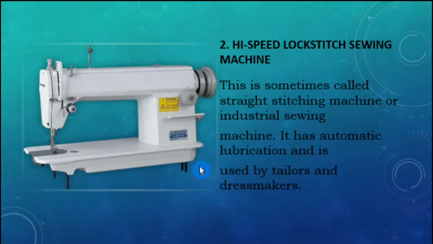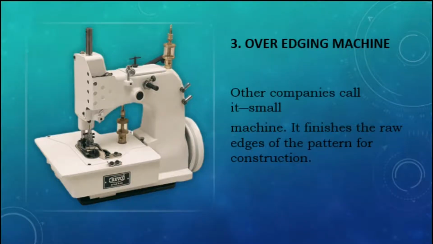Over-edging machine. Other companies call it small machine. It finishes the raw edges of the pattern for construction. When you are making dresses, the first thing that you need to do is to identify the correct tools and materials, prepare the equipment, especially the sewing machine, and then make the pattern.